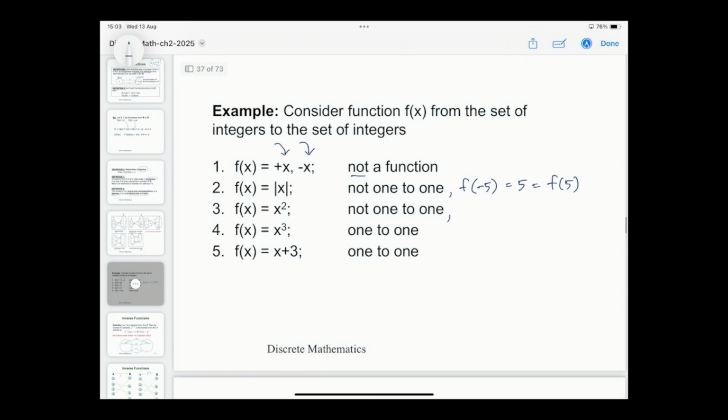The next one, similarly, x could be positive or negative. For minus 3, the result is 9, the same as when x is positive 3. So this is not a one-to-one function.